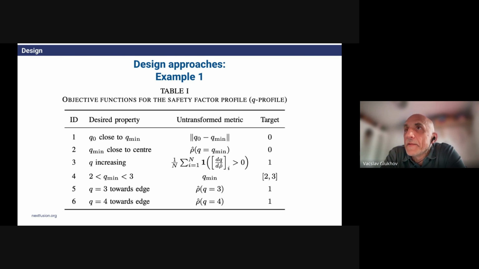And this particular group of authors want to have a particular profile that shows that, well, Q0 wants to be close to Qmin, near the center. There are some requirements they want to see toward the edge. So how can we achieve these multiple objectives using control parameters?